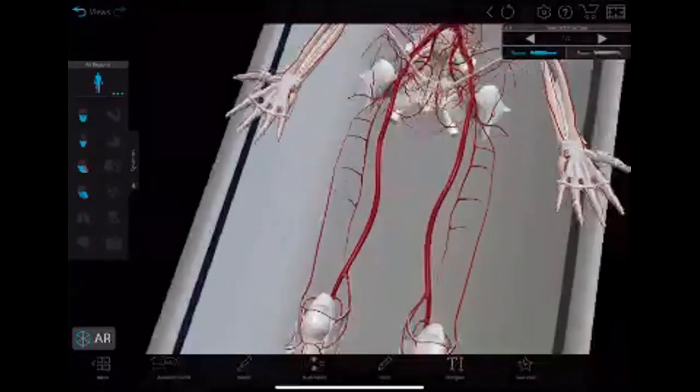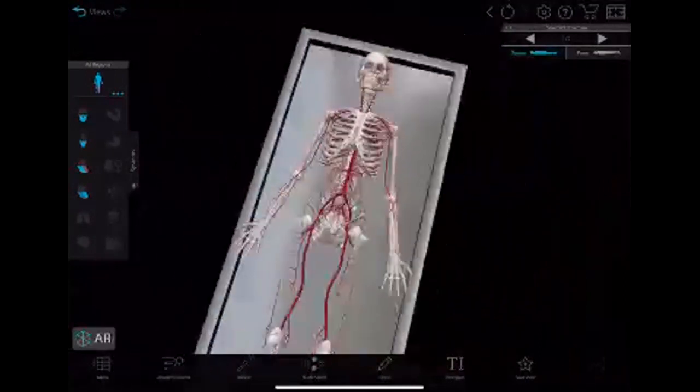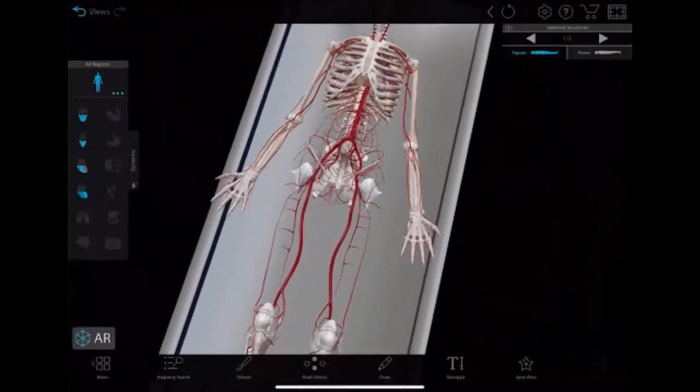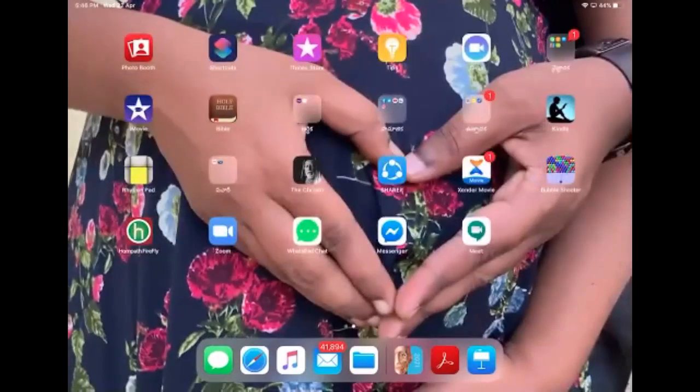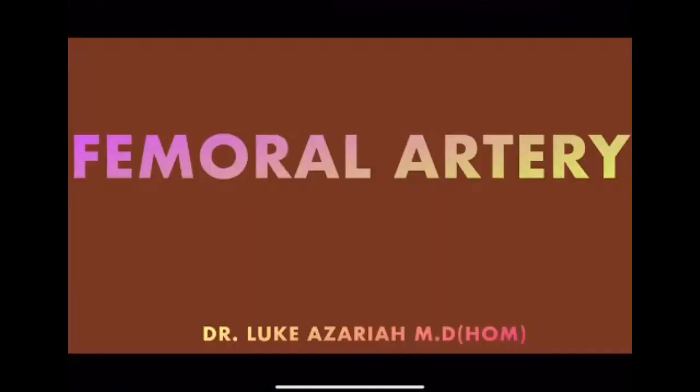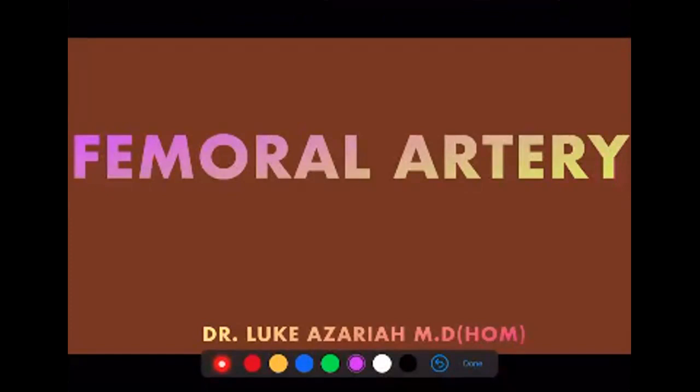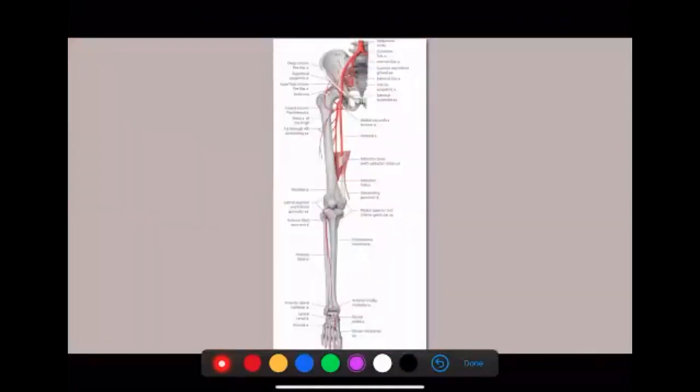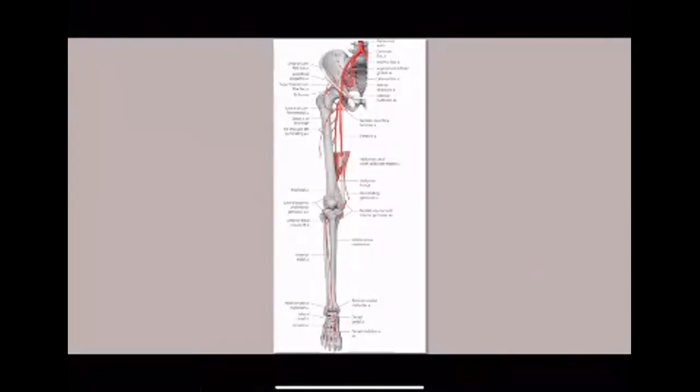Overview of the arterial system of the lower limb. Coming to the femoral artery, today our class is the femoral artery. So this is the overview of the arterial system.